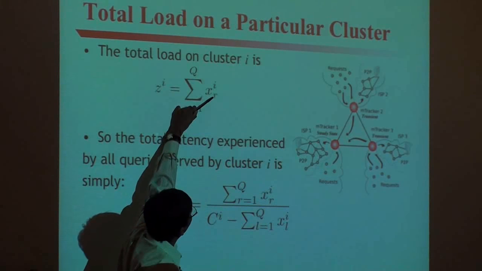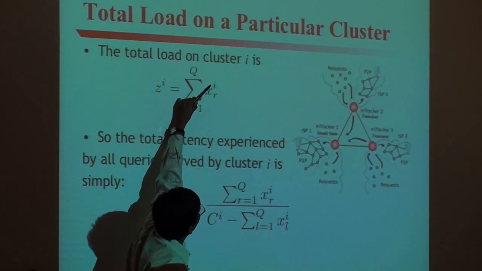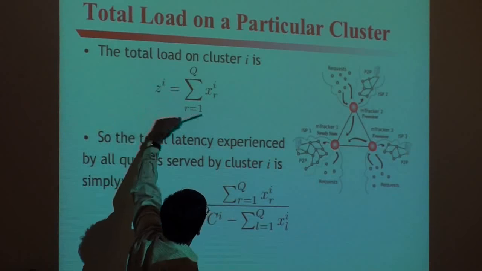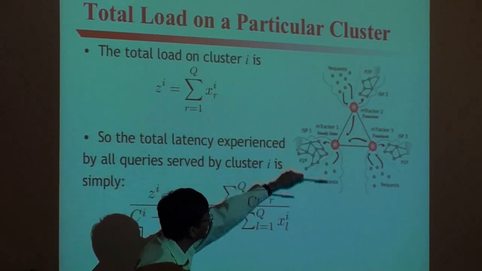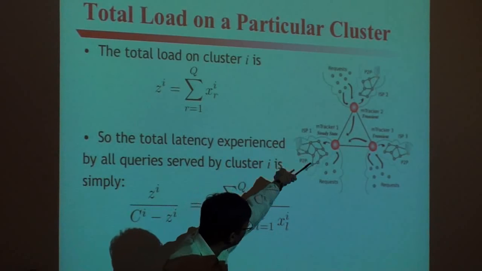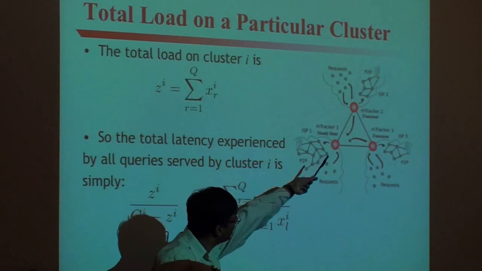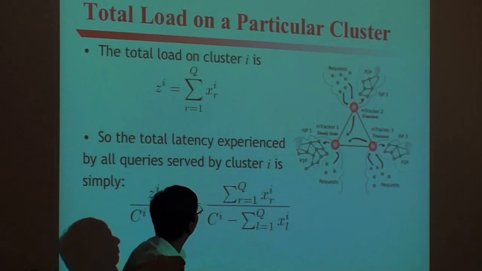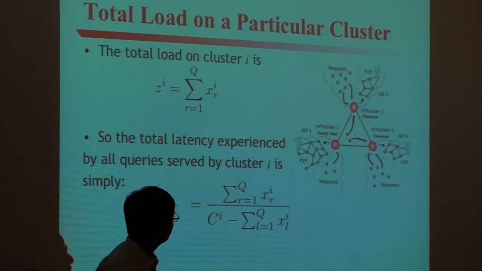Basically, we have traffic from front end r coming to cluster i. So at cluster i, the total load is just the sum of traffic which comes from the various different locations. In that particular diagram, cluster number 1 is handling x from 2 to 1, from 3 to 1, and from 1 to 1 itself. That's why I have to sum all the traffic which comes in.